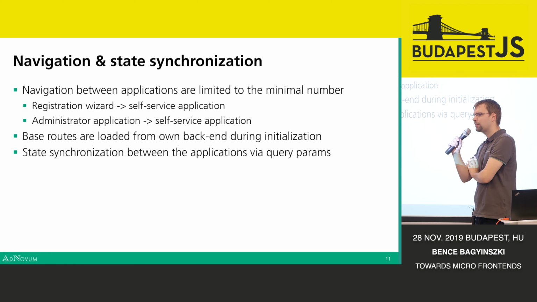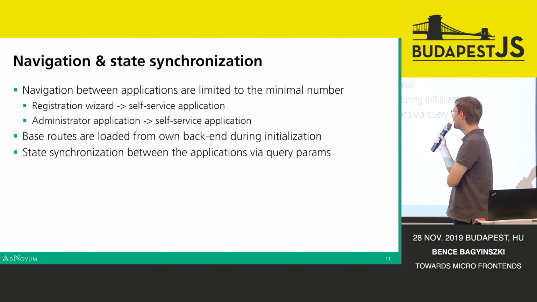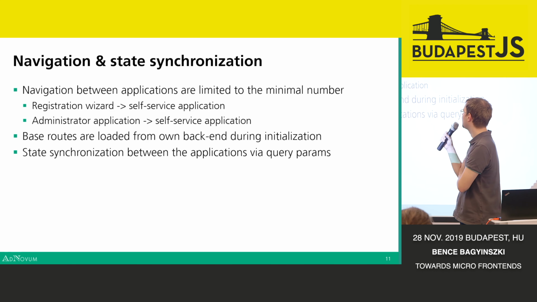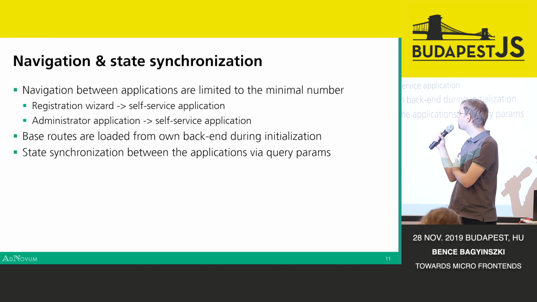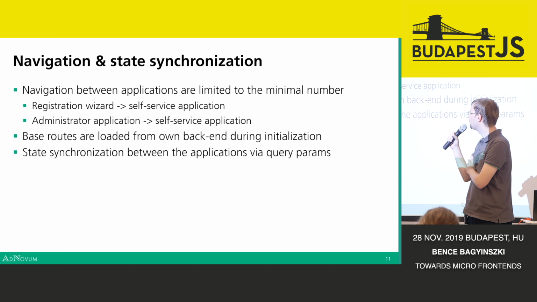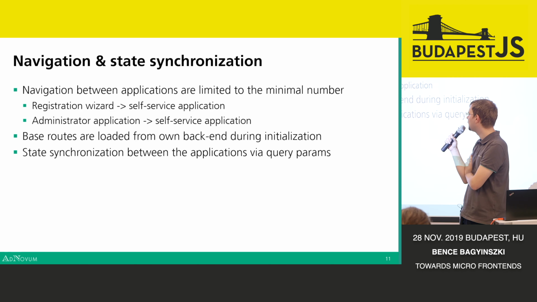But as I mentioned at the beginning, these applications are separately deployable. So how does, let's say, the administrator application know where to navigate when it wants to open the self-service application?